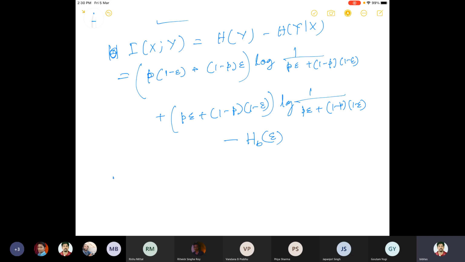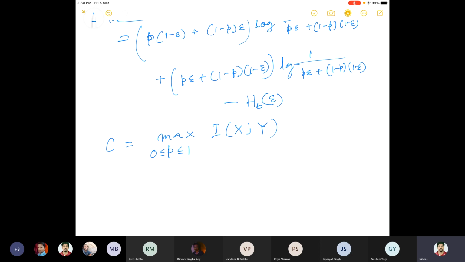So okay, let me just write it down. So C is the maximum over P, where P lies between 0 and 1, by the way, of I(X;Y). For I(X;Y), I know this is the value. So this entire thing is I(X;Y).